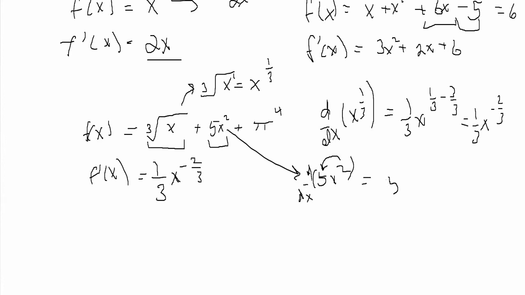So it would be 5 times 2, and then x to the 2 minus 1, right? Simplifying this down, you get 10, because 5 times 2 is 10, and then x to the 1, which is just 10x. So now we can add that on, so plus 10x.